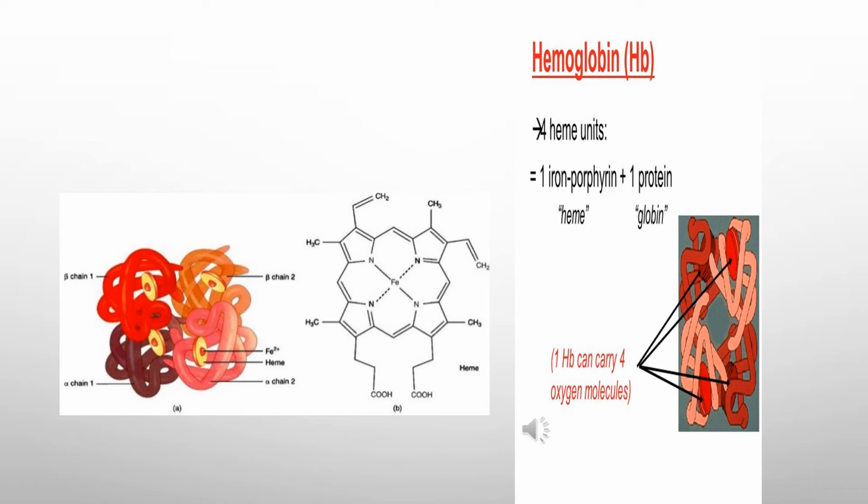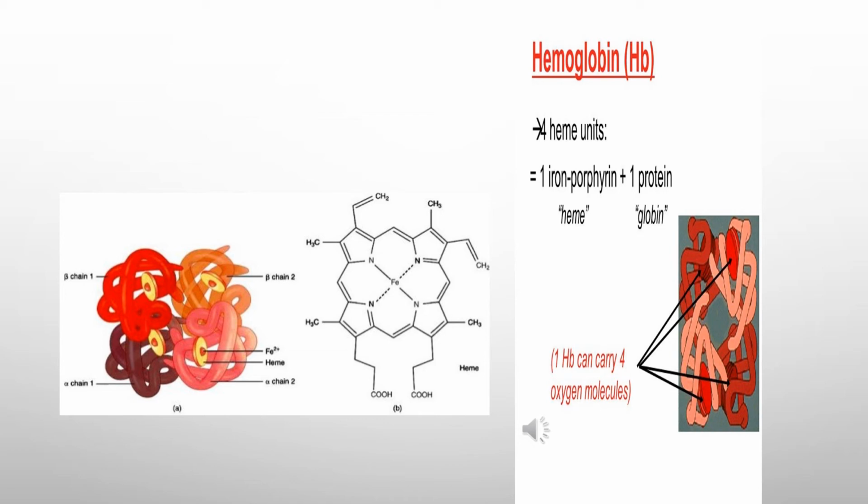porphyrin rings. Okay, meaning one Fe2+ ion with four porphyrin rings attached. One heme group is linked with one globin chain. It means one molecule of hemoglobin is made up of four molecules of heme and four chains of globin.